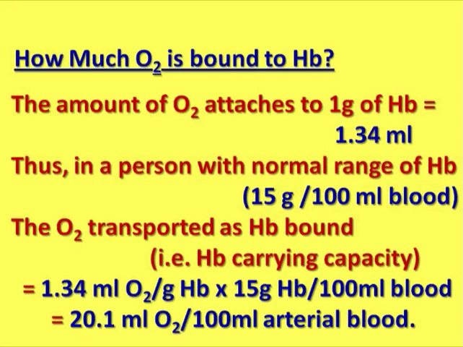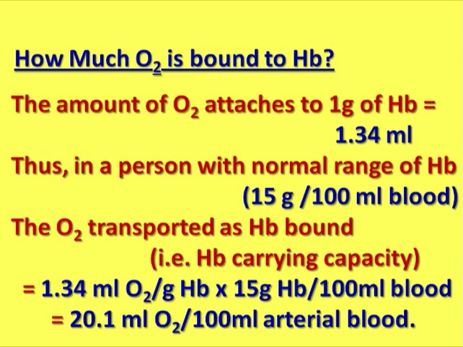Now comes the question: how much oxygen can be bound with hemoglobin? As we mentioned earlier, the maximum saturation of oxygen with hemoglobin is approximately 98.5%.